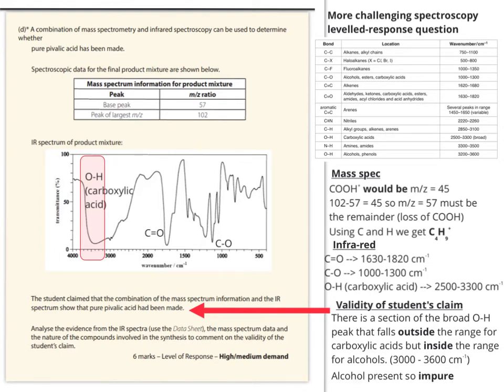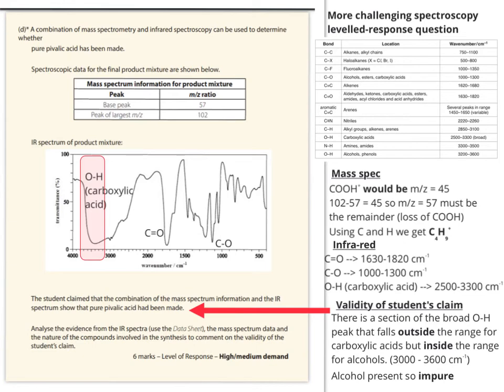If there's an alcohol present, that must mean it's an impure sample. Mentioning that in your answer will allow you to say that the student's claim isn't quite valid, because the left-hand part of the carboxylic acid peak actually goes into the alcohol wave number area.